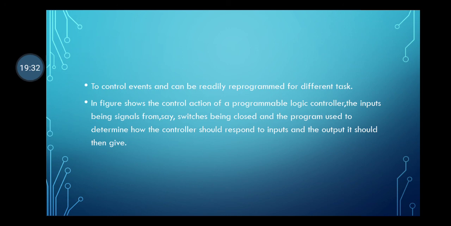The figure shows the control action of a microprocessor logic controller, the inputs being signals from, say, switches being closed, and the program used to determine how the controller should respond to inputs and the output it should then give.